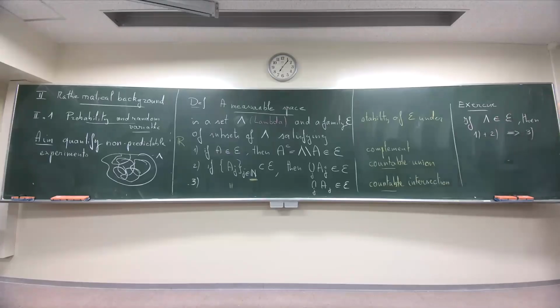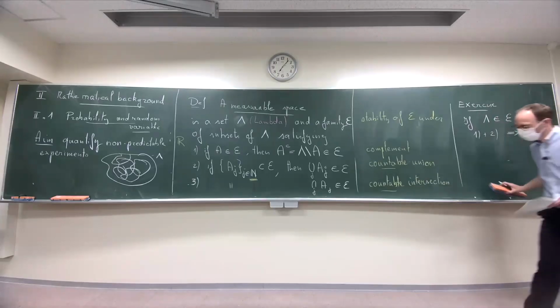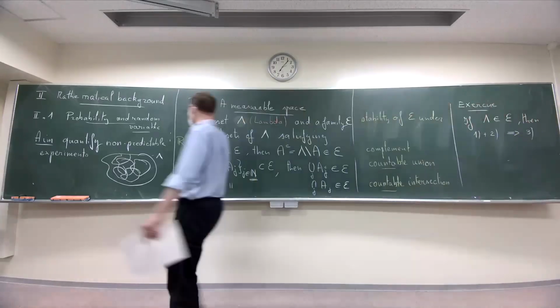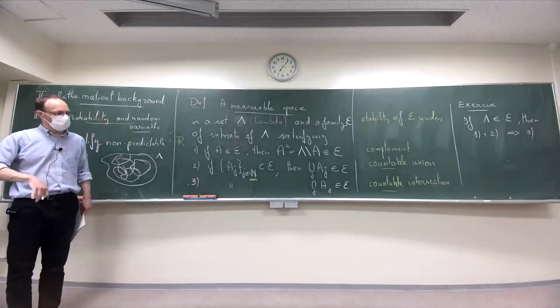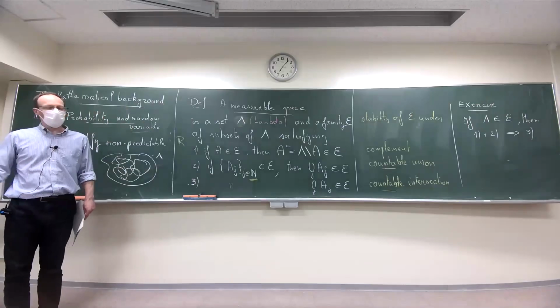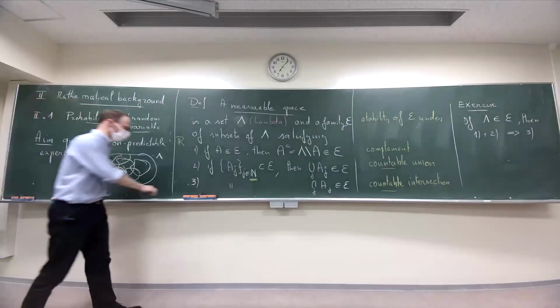So you don't need the third one if the entire set belongs to E. You can check how to do it. This is not so difficult because you can consider the complement, and there is a relation between intersection and union if you think about the complement.